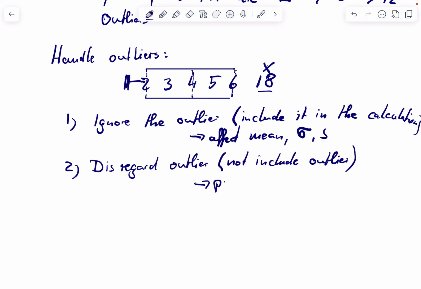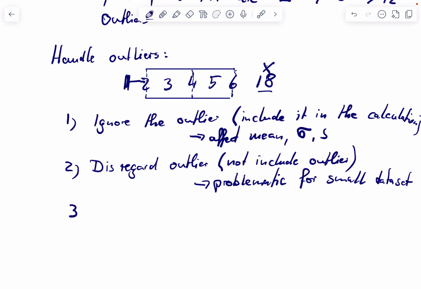This is problematic for small data sets because every little helps, as they say, and we need all the data for small data sets.